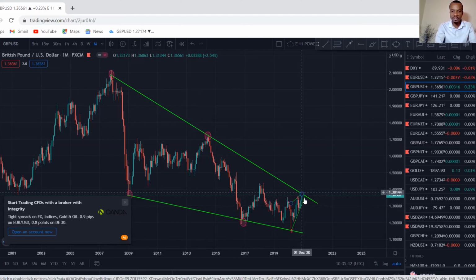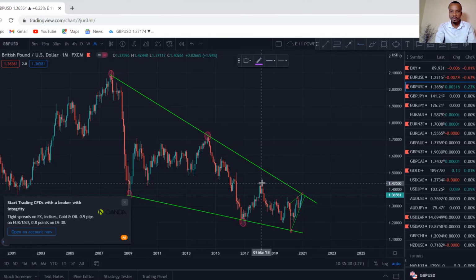And if price doesn't break out of this trend line here, price might be shooting to the downside on a monthly perspective. But if price breaks this area, price might come and test this level from a monthly perspective.